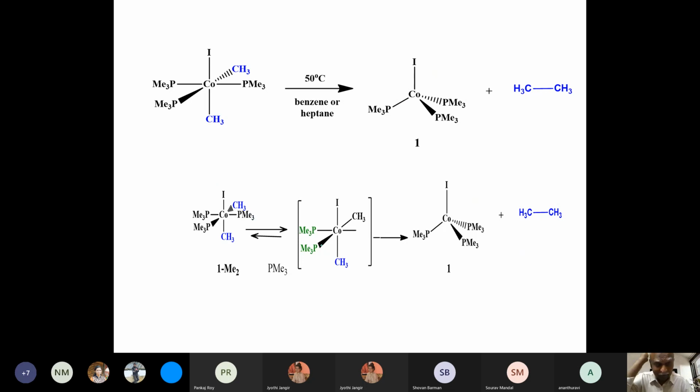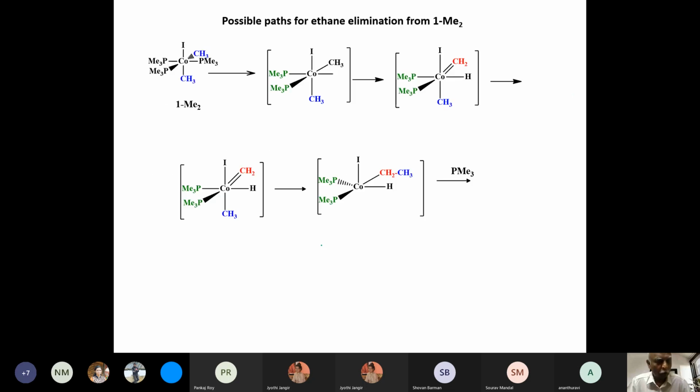The researchers found something very strange: they could not figure out the presence of the radical. What they did was they wrote down one more pathway, in which you have alpha hydrogen abstraction.